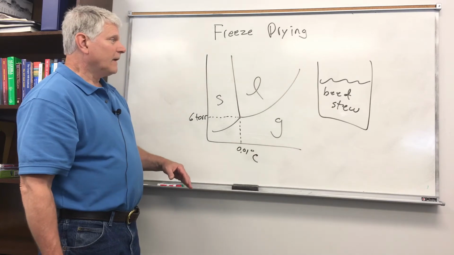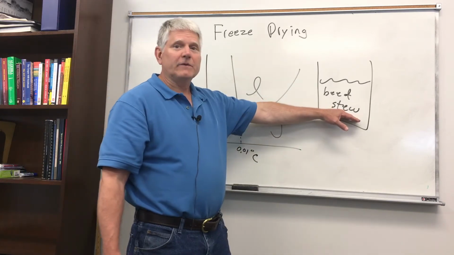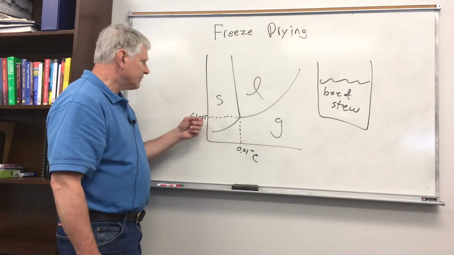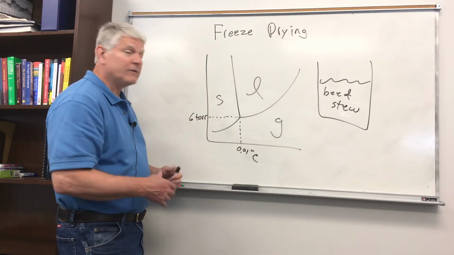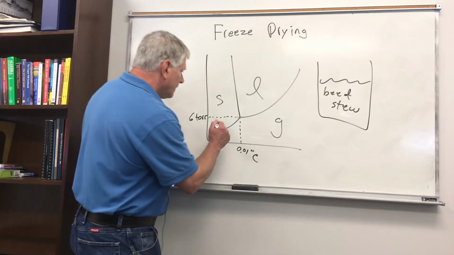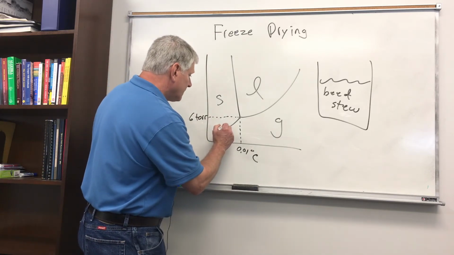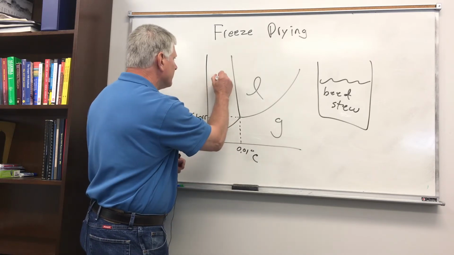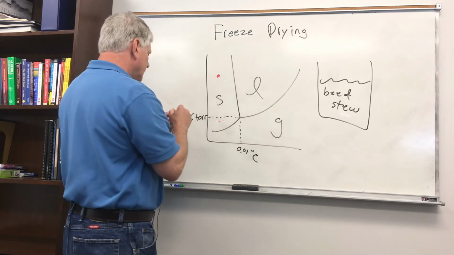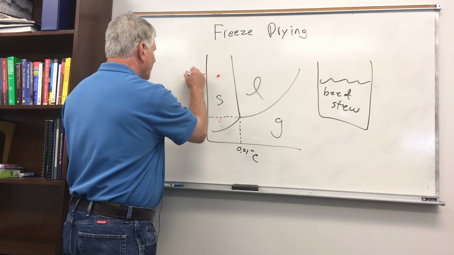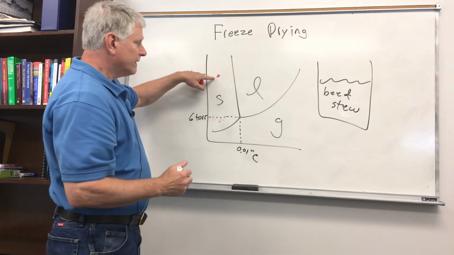But if I freeze my beef stew and then put it under a vacuum, so I get below 6 torr, now liquid phase can't exist, and I can pump by lowering the pressure. So say I'm right here. So this is, say, 1 atmosphere. And I'm at solid phase.